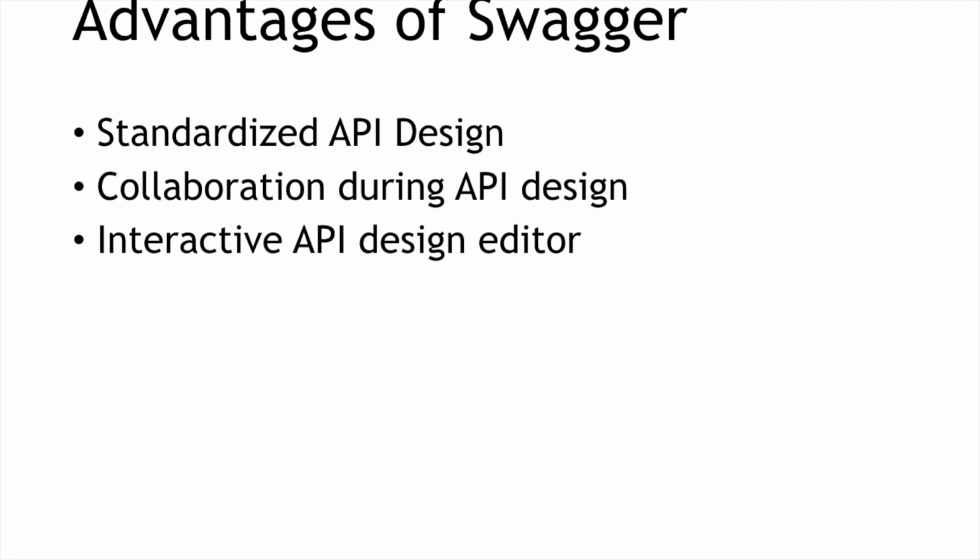Advantages of Swagger include that it provides a standardized API design and also a design process. You can collaborate during the API design process with your colleagues, and you can interact through an API design editor with each other.